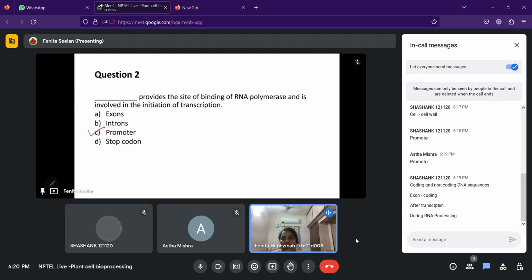So, what are the other things you have when you design a vector or something? When you design a template or DNA, let's call it a gene, your gene construct, what are the things you will have in it?